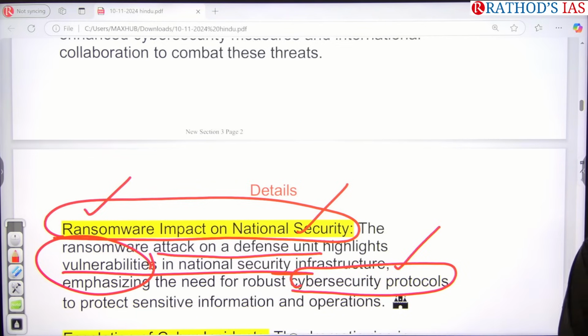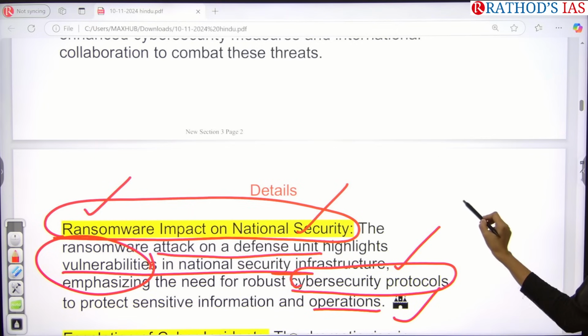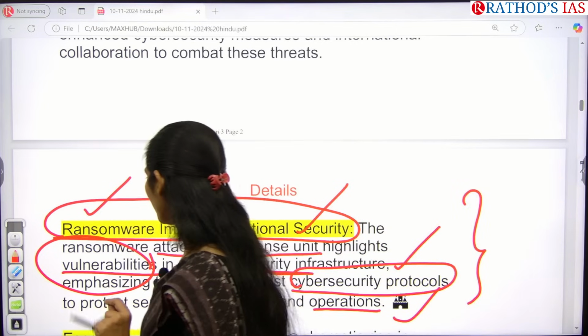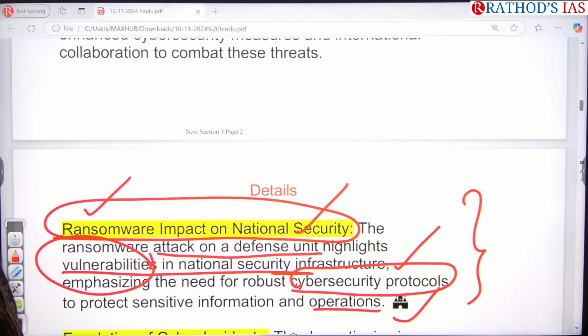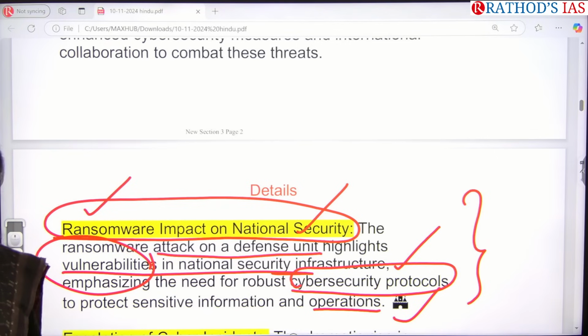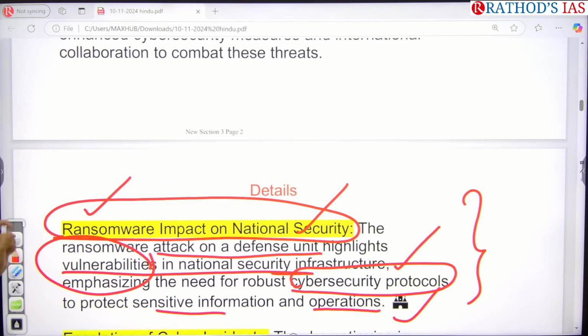We have to protect our sensitive information as well as operations for maintaining our national security. Because of this kind of attack on our defense unit, our national security is being undermined. So we need a proper cyber security protocol to improve our security mechanisms, and we can protect our sensitive information and the details of any operations made by our defense.